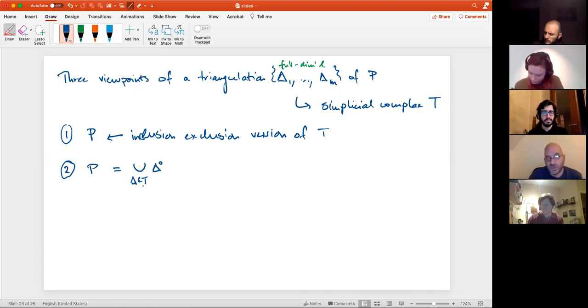Because if I only took the interiors of the full dimensional simplices, I'm missing the stuff on the faces. And this becomes a disjoint union. So if you think again about counting, this is your friend. In particular, I can compute the Ehrhart polynomial spot on. I don't need to add and subtract.